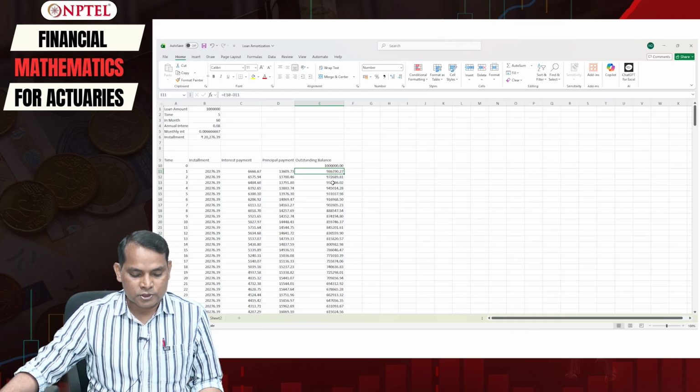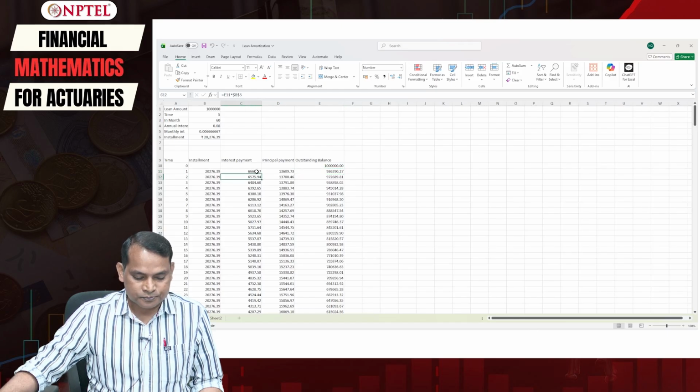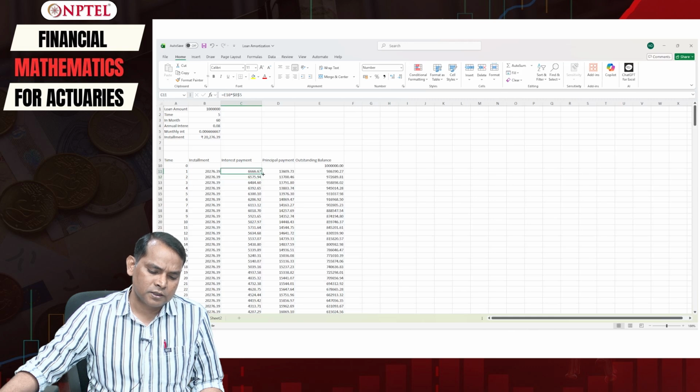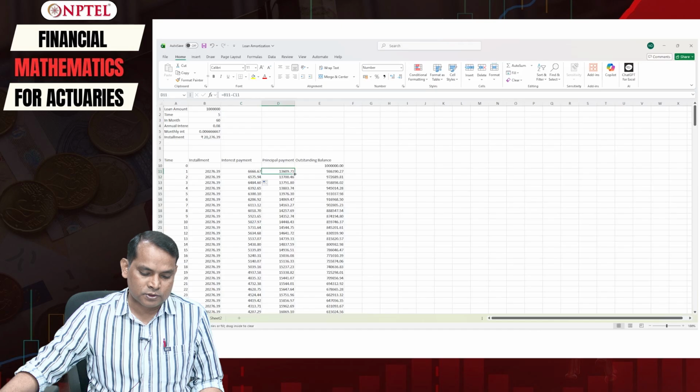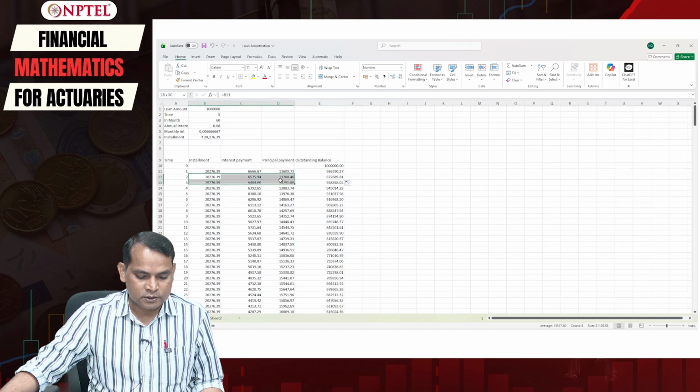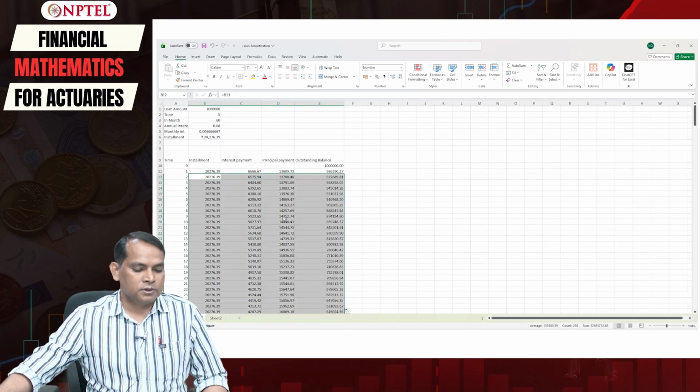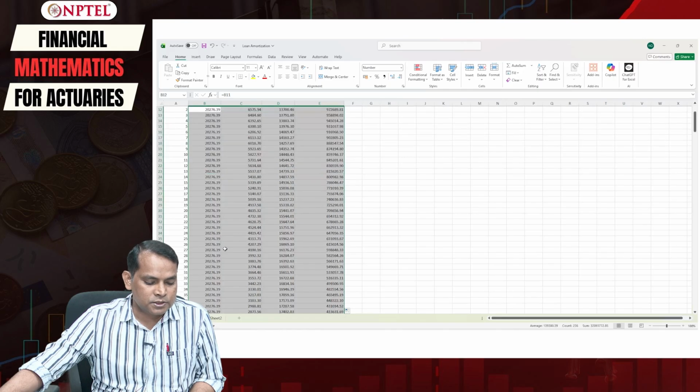Now one more step you just have to do is drag this here, and because you have just done it, you can easily drag it here to get this value, or you can easily drag it here to get this value. No need to do anything now, and then you can simply click it here and put it up to your 60 period of time.